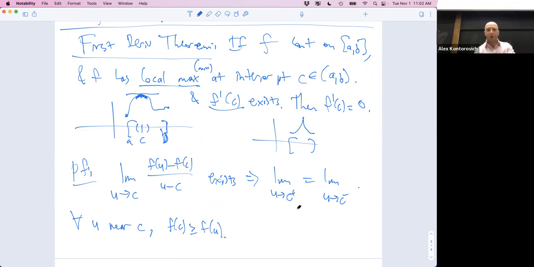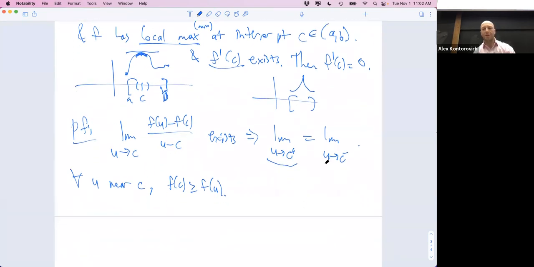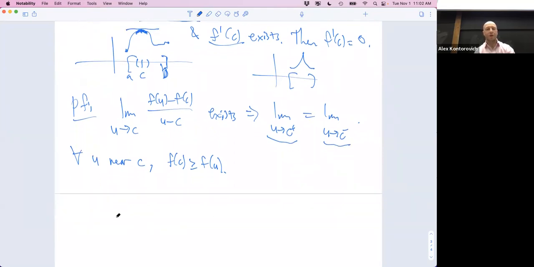Okay, so let's think about the limit from below. Let's look at the limit from below of f of u minus f of c over u minus c.